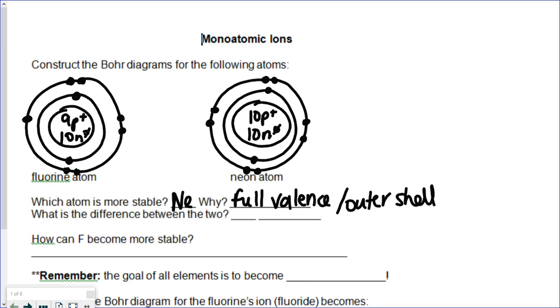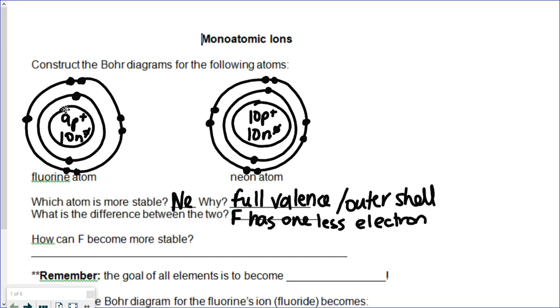What's the difference between the two? Again, the difference is fluorine has 1 less electron. Fluorine also has 1 less proton, but when we're talking about Bohr diagrams, we're really specifically looking at the electrons. So how could fluorine become more stable?